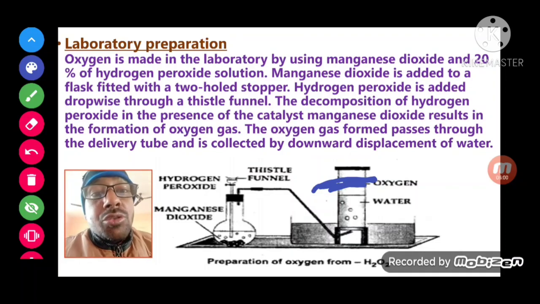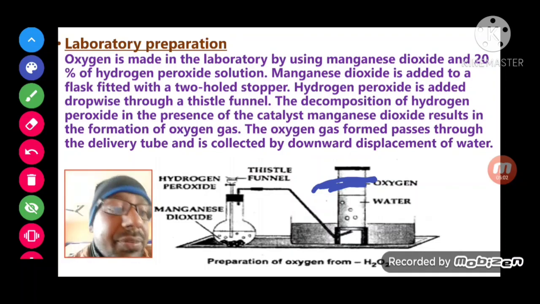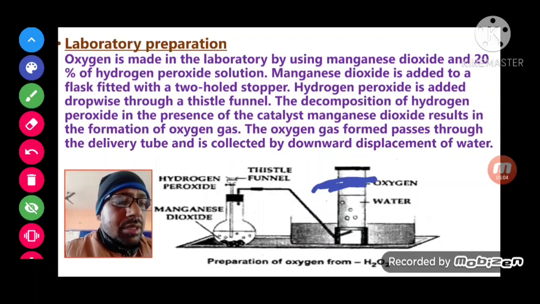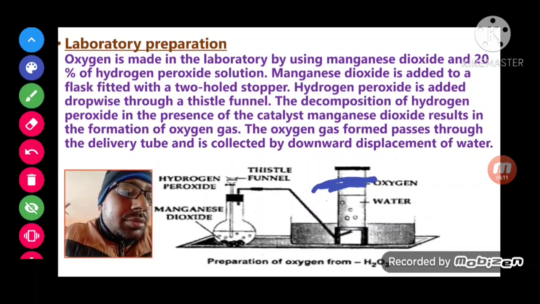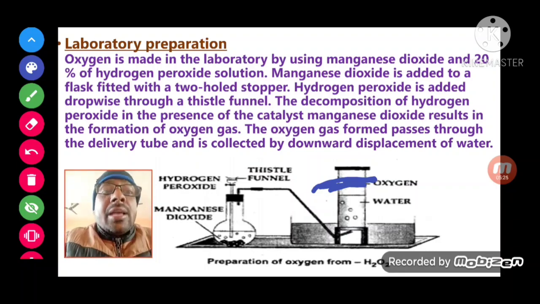And why we are using hydrogen peroxide, already we have discussed in our previous lecture. Why we are using hydrogen peroxide? It does not require heating. Hydrogen peroxide is a safe chemical. It is not dangerous. And evolution rate of oxygen is moderate and thus under control. That's why we are using hydrogen peroxide.